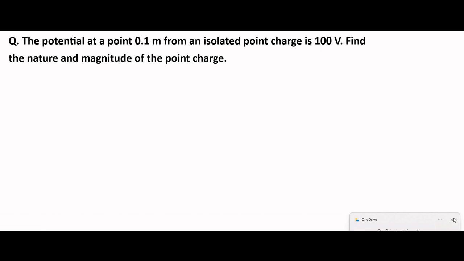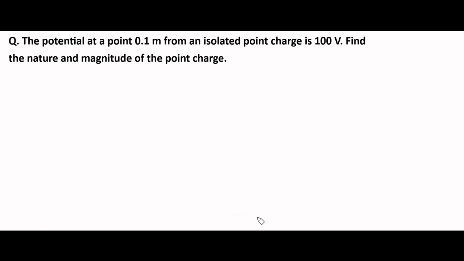So here is another question on electric potential. Here it is given that the potential at a point 0.1 meter away from an isolated point charge is 100 volt. We have to find the nature and magnitude of the point charge.